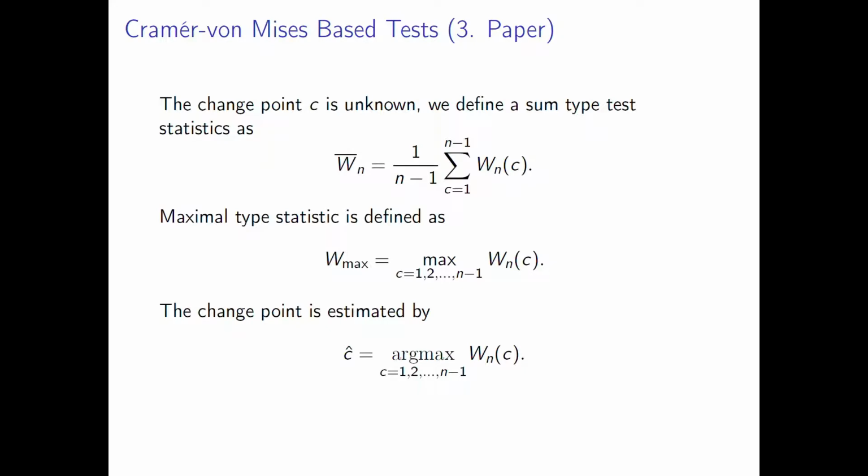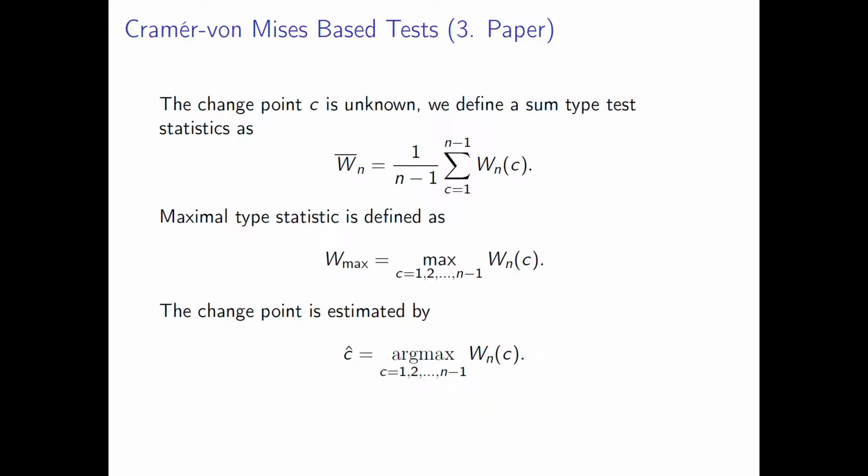Based on this test statistic, we defined two tests. We've defined a summation type test, where we just sum all the possible ways we can insert the change point c together.